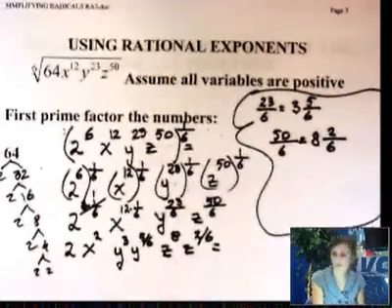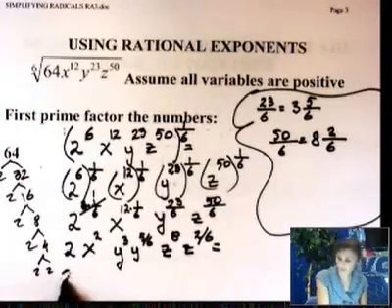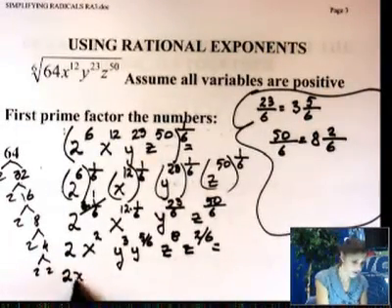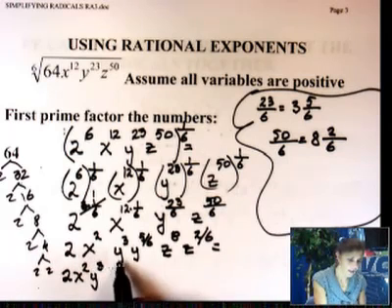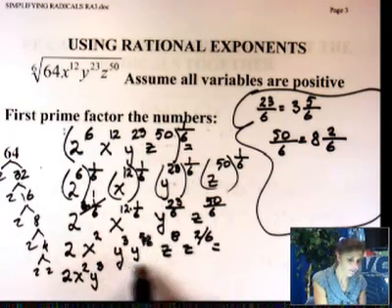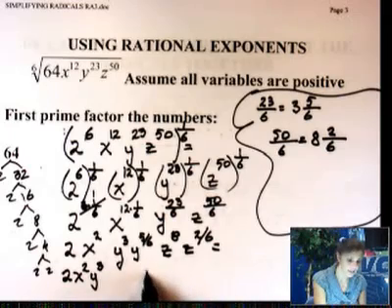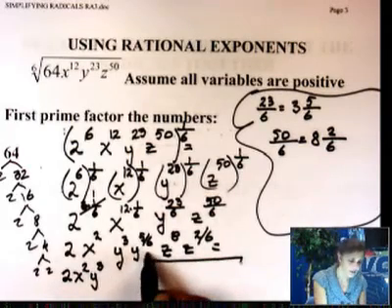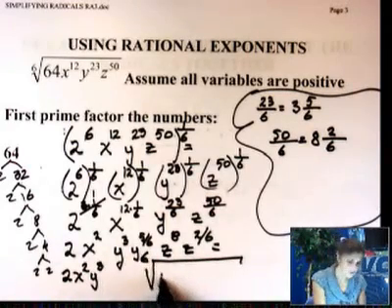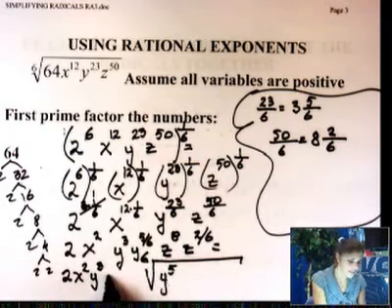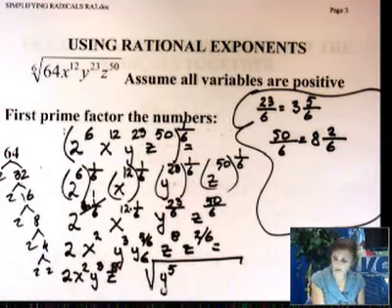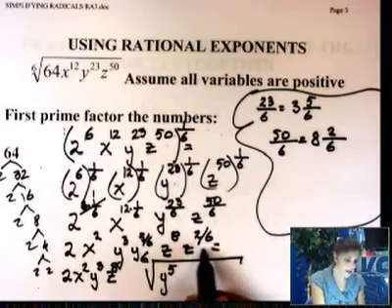What do I have? You have 2, you have x squared, you have y cubed, and you have 5/6. So that means I'm going to have this in there. So that's going to stay inside the radical. Then I have z to the 8. All right? And then what do I have here?